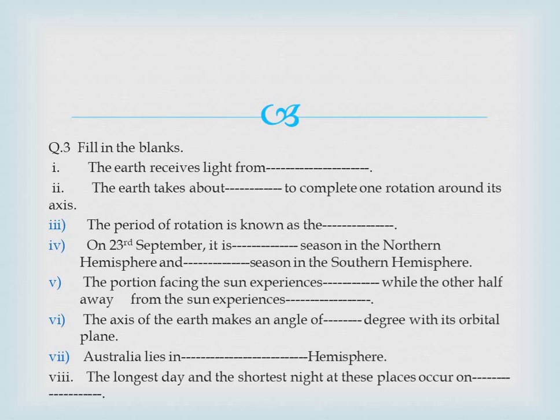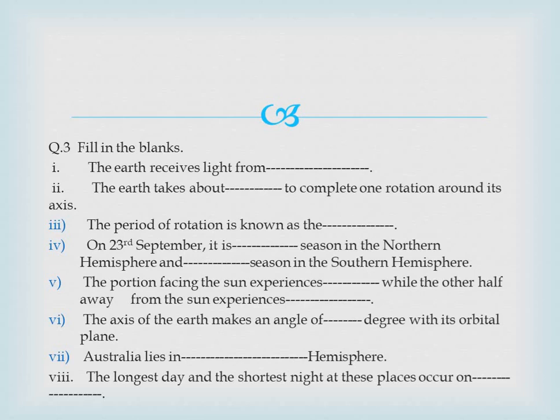The portion facing the sun experiences dash while the other half away from the sun experiences dash. The axis of the Earth makes an angle of dash degrees on the orbital plane. Australia lies in the dash hemisphere. The longest day and shortest night at these places occur on the day you will write here.